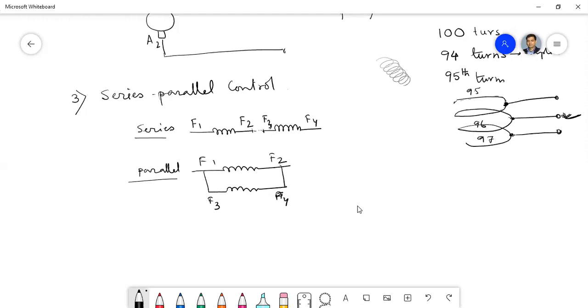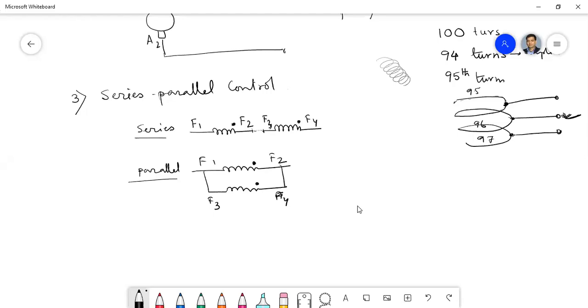Polarity should be the same. We should draw the polarity also. That is a good thing to remember. We should maintain the polarity when we go for series or parallel. In case of series connection, opposite polarity should be connected, and in case of parallel, same polarity should be shorted.